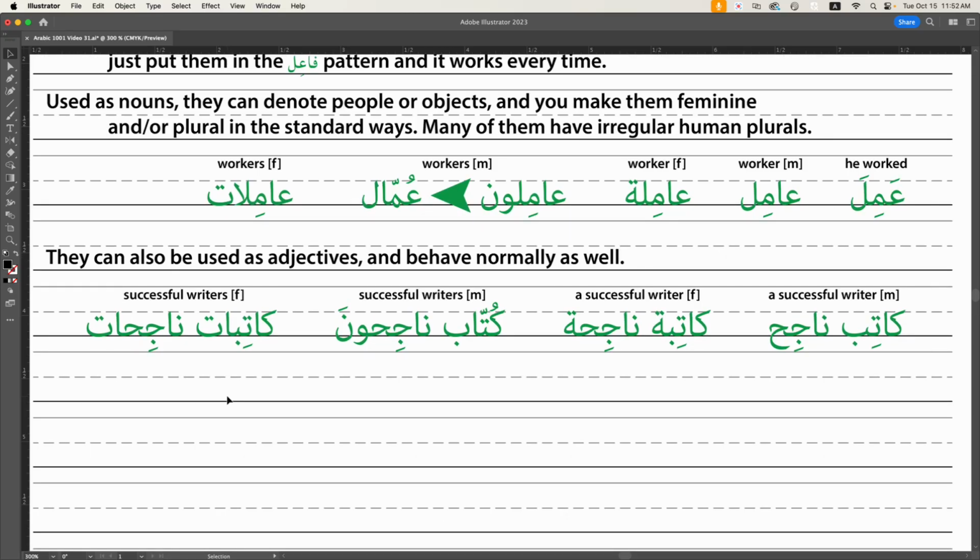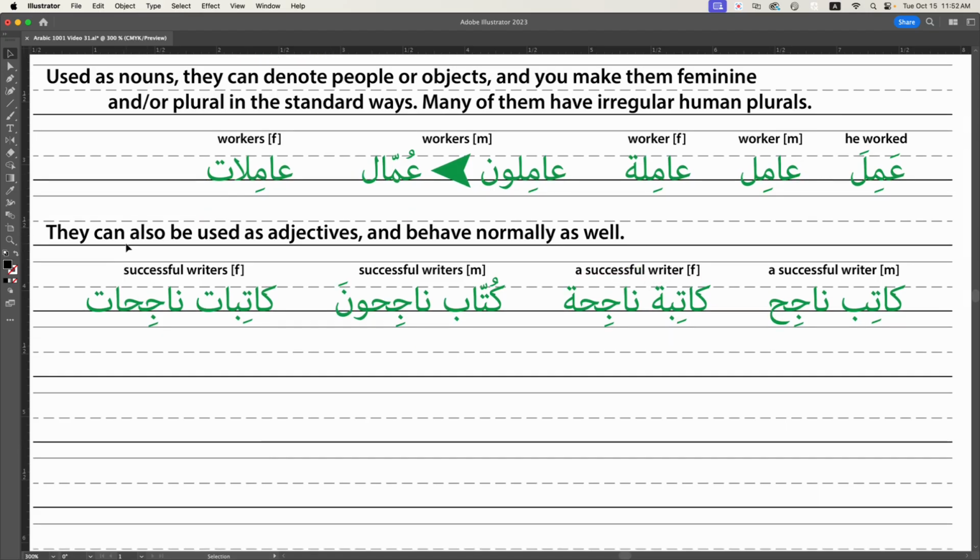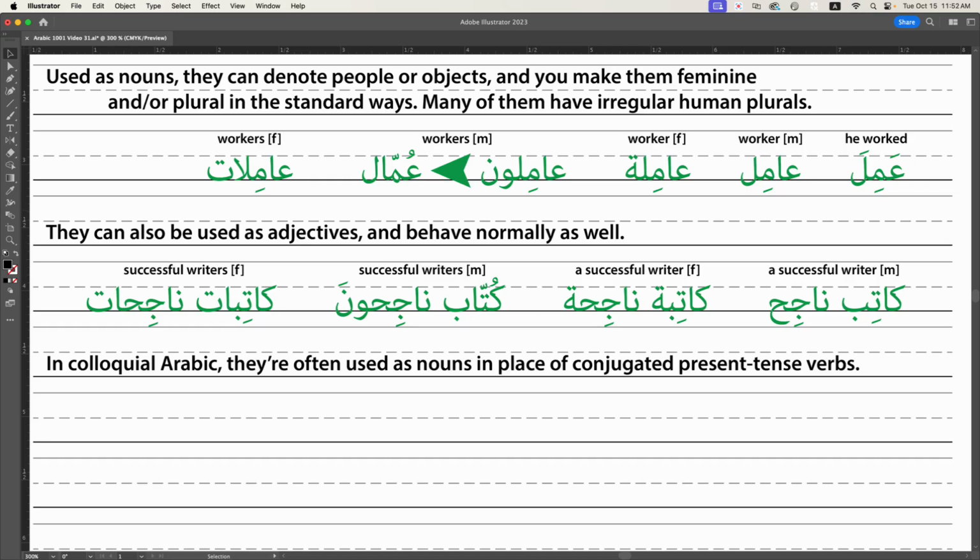So these are always regular, except sometimes for the masculine human plurals. They're generally pretty easy to use, and mostly they're the literal translation of that verb plus er. Sometimes you have to fudge it a little bit, like najih becoming successful instead of succeed-er. But this isn't really usually that big of a deal to work with when you're doing Arabic.